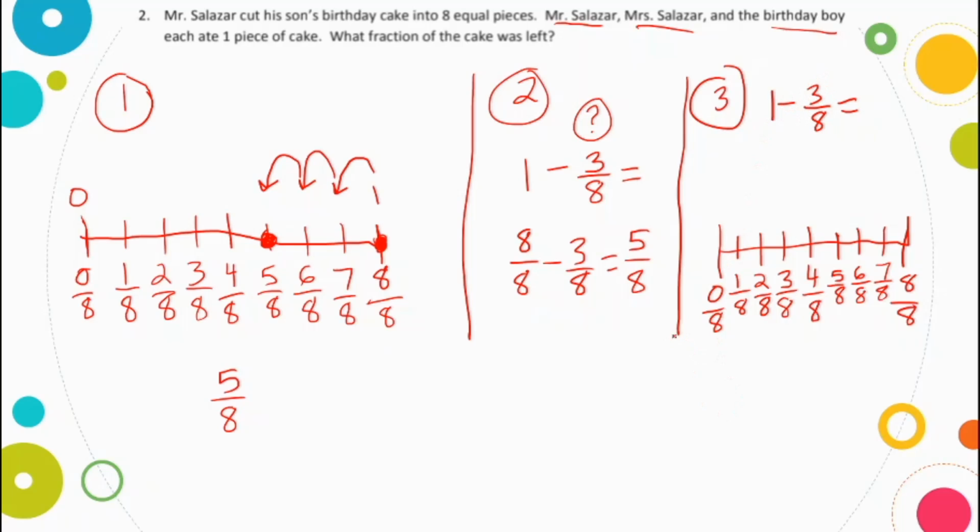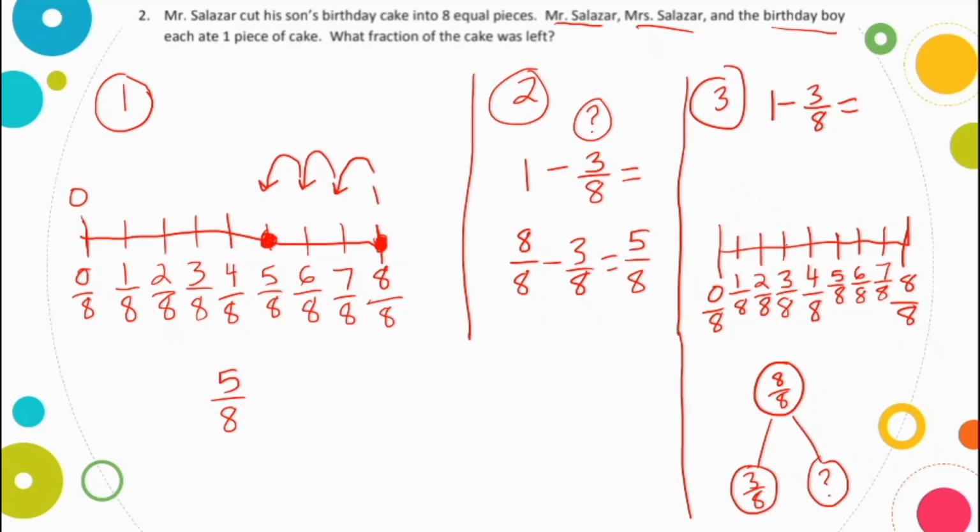Another way to visualize this, I'm going to draw this out a little bit, is to think about this using a number bond. So we have 1 whole, or 8/8, and we have 3/8 here, and we do not know what this is.